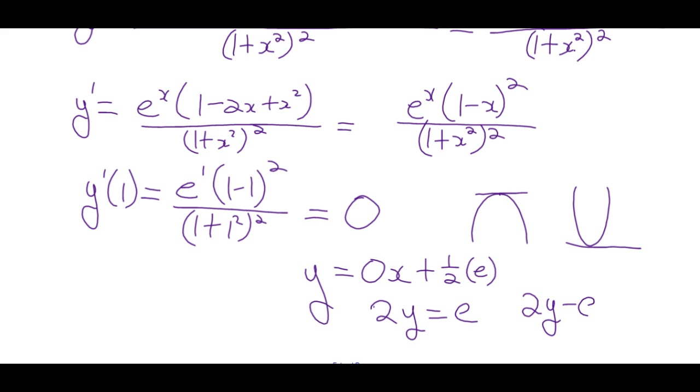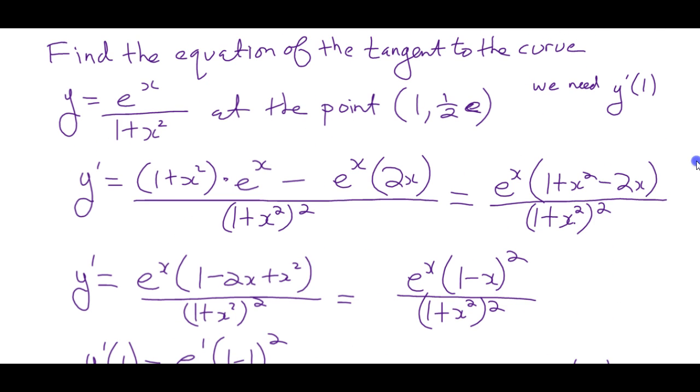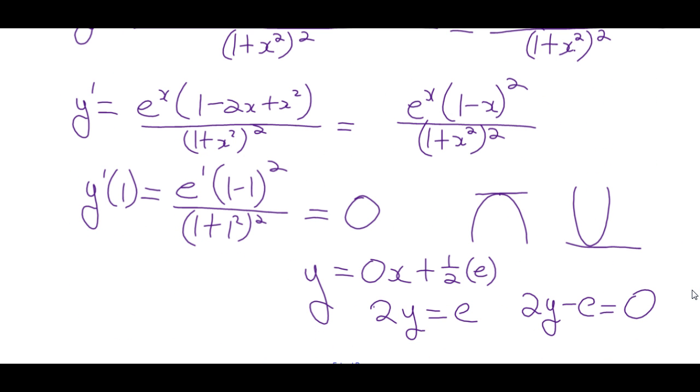So 2y minus e equals 0, right? Sorry, my apologies. You're right. Should have said the slope then. Should have graphed it. So it's just a flat line passing through 1/2, horizontal.